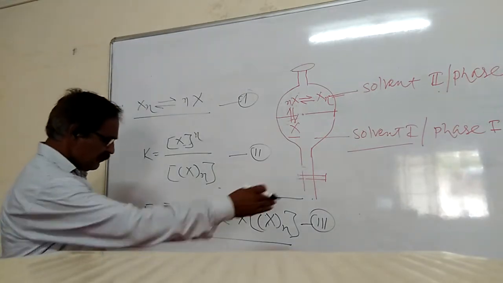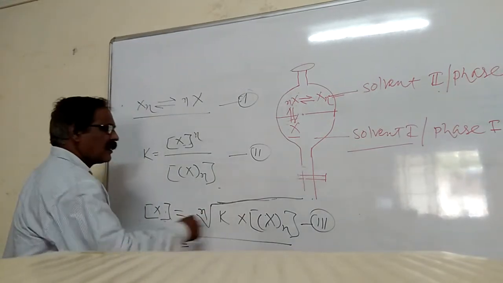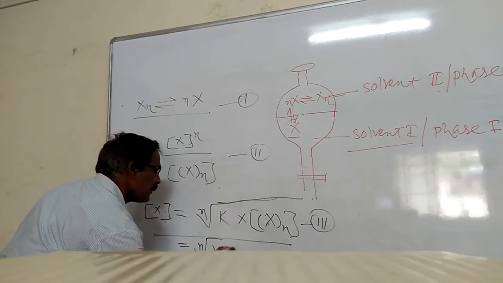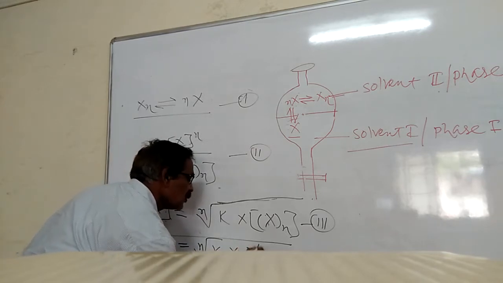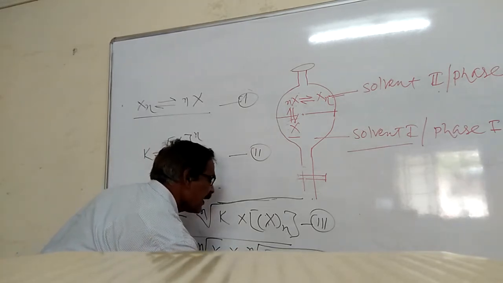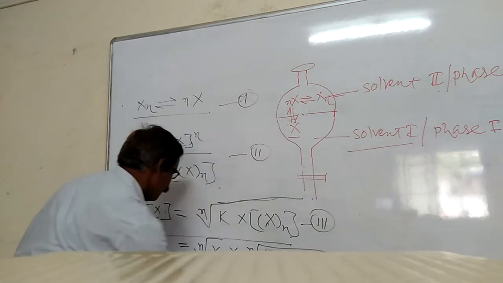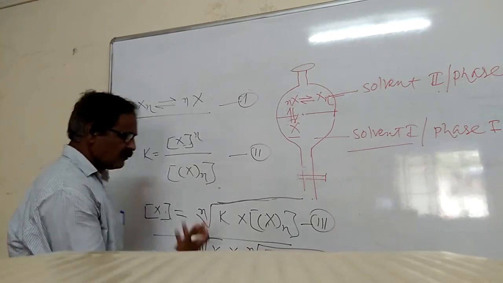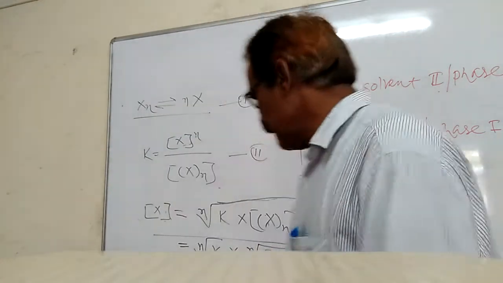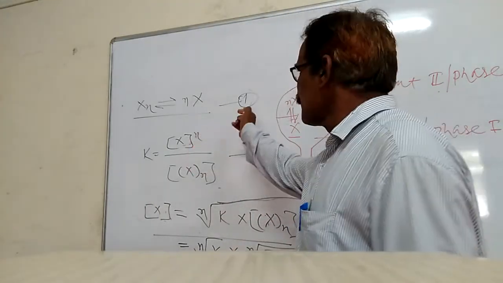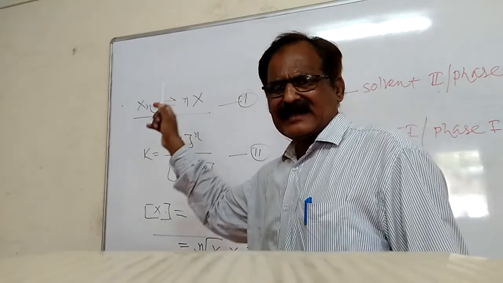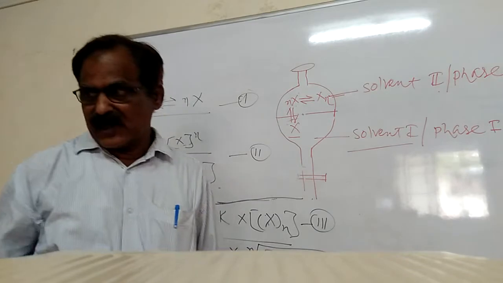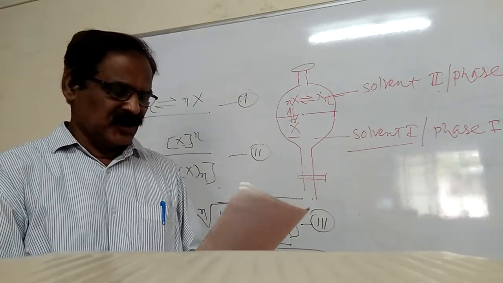We can write this expression in another way: nth root of K into nth root of Xn. We find that the nth root of K is a constant, because n is an integer and K, the equilibrium constant of this chemical equilibrium, has a certain value, or in other words is constant at a particular temperature.